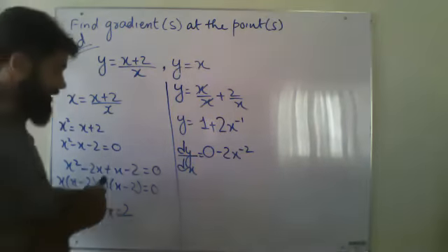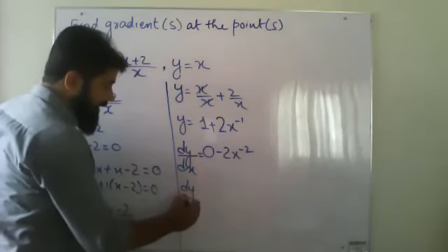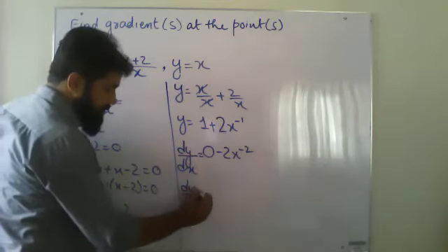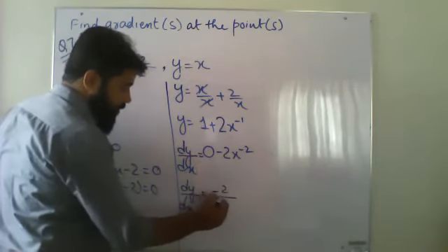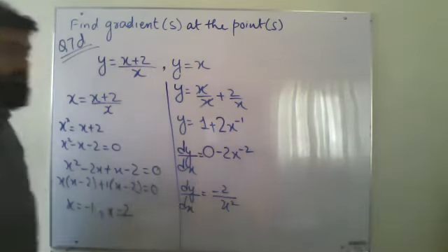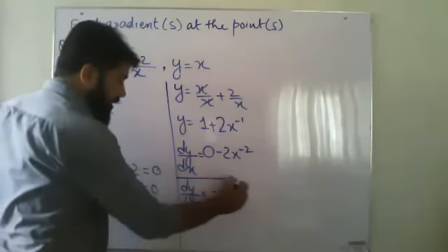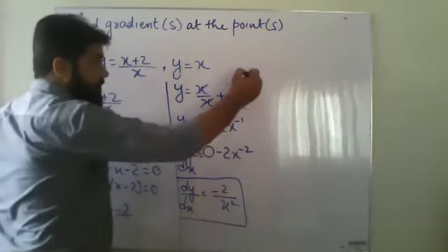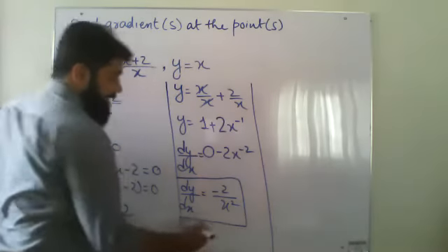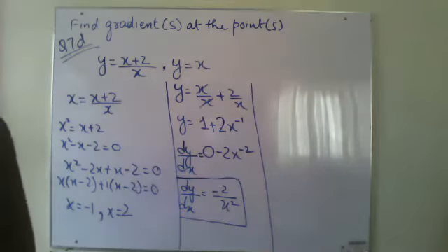Okay. Further simplifying it, dy over dx equals to minus 2 over x square. This is my gradient in terms of equation. It is not the value, it is the equation.